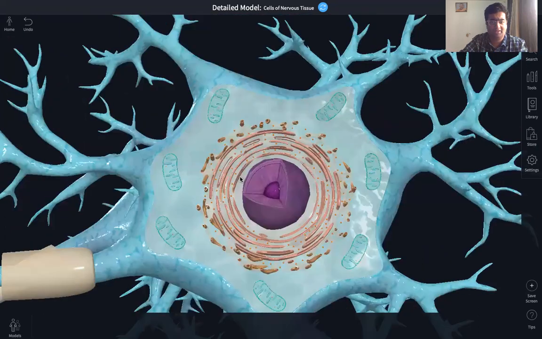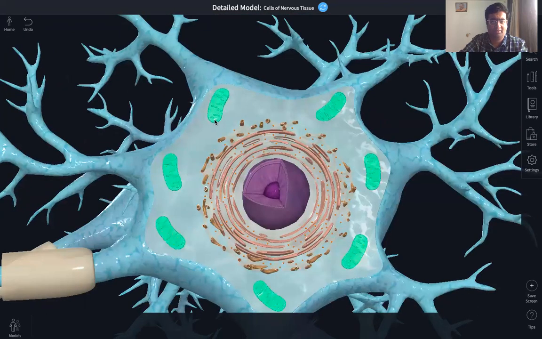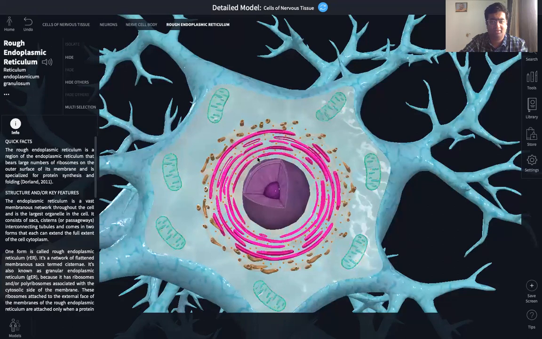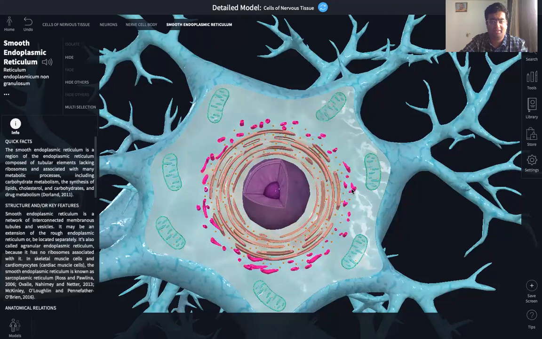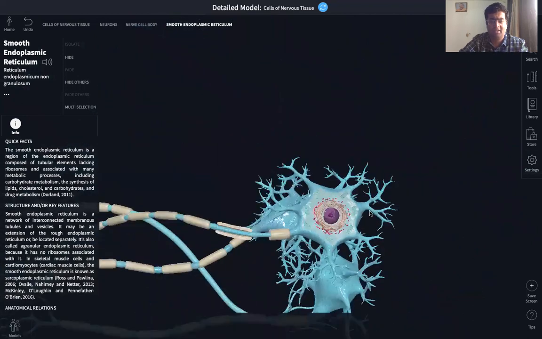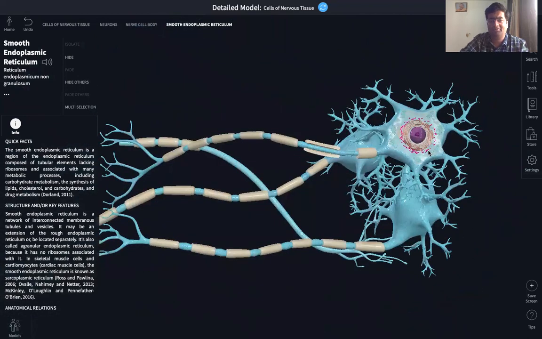I'm just enlarging this image. You can see the mitochondria that are highlighted now. You can also see the rough endoplasmic reticulum highlighted in pink, and the smooth endoplasmic reticulum. And apart from that, there are small granules of RNA called Nissl's granules. These Nissl's granules are responsible for performing protein synthesis.